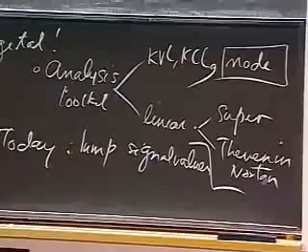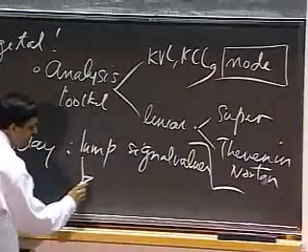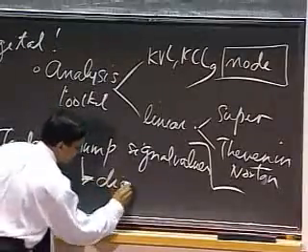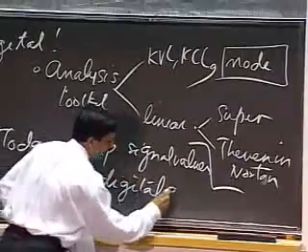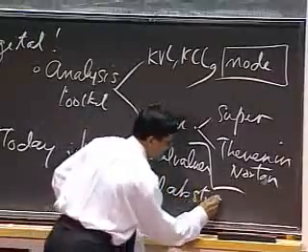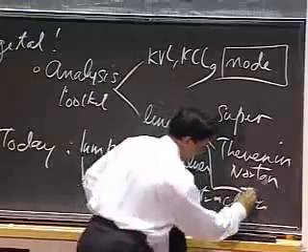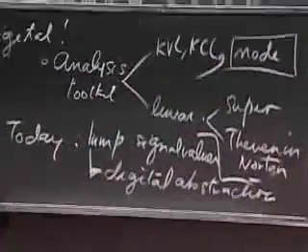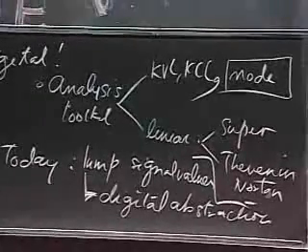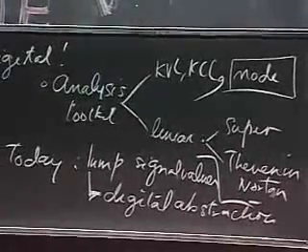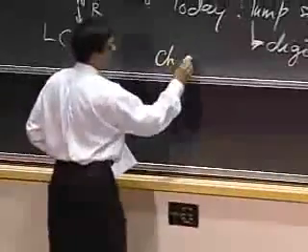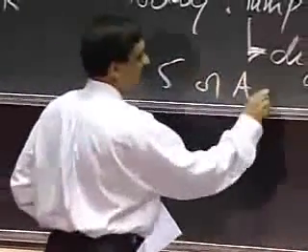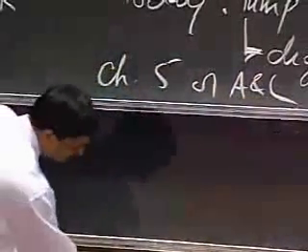Okay, so we'll just deal with lumped values, and this will lead to the digital abstraction. And the related reading is chapter 5 of the course notes.